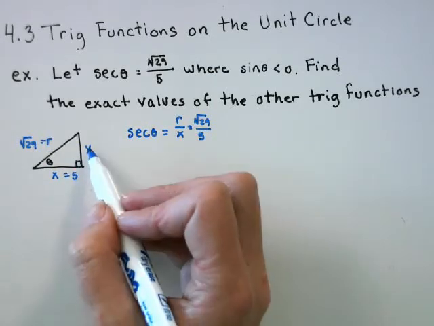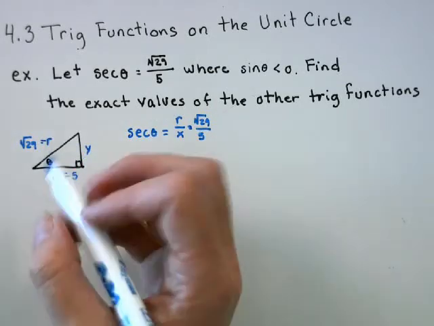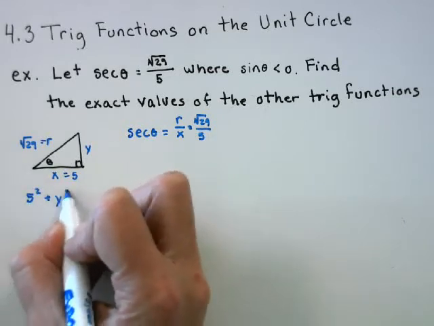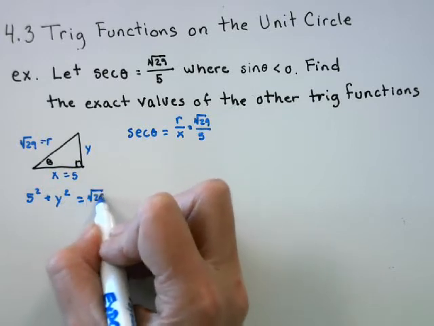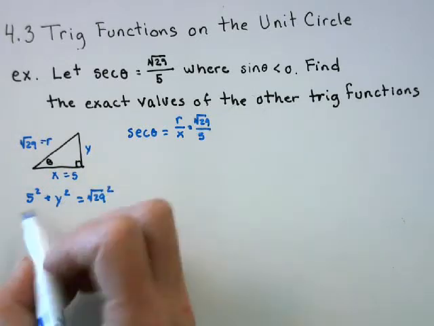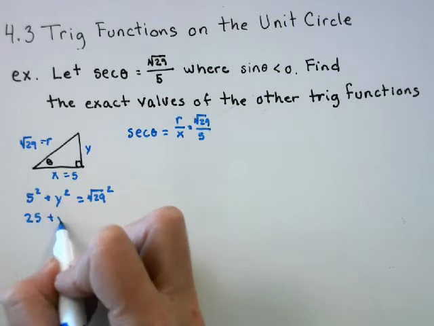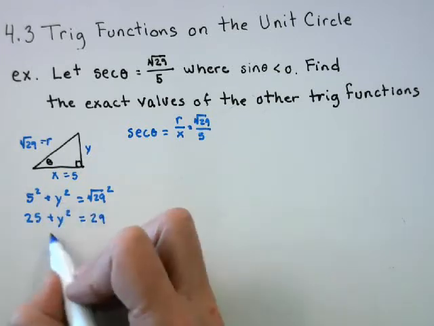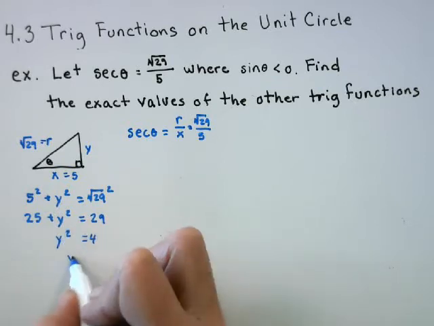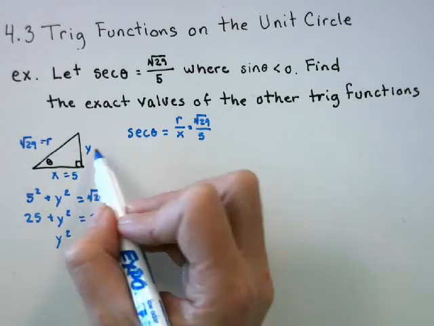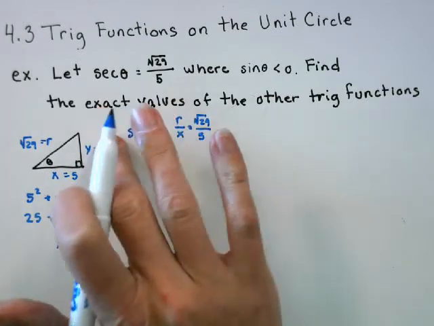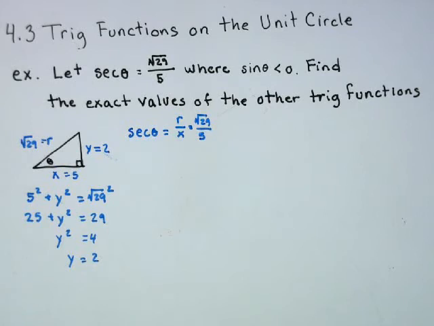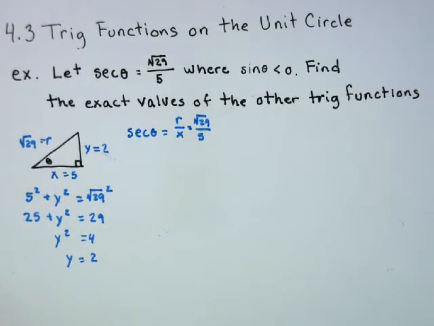So then we need to solve for y. So 5 squared plus y squared equals root 29 squared. So y squared equals 4, so y is 2. It could be positive or negative, but here's what we're going to do.